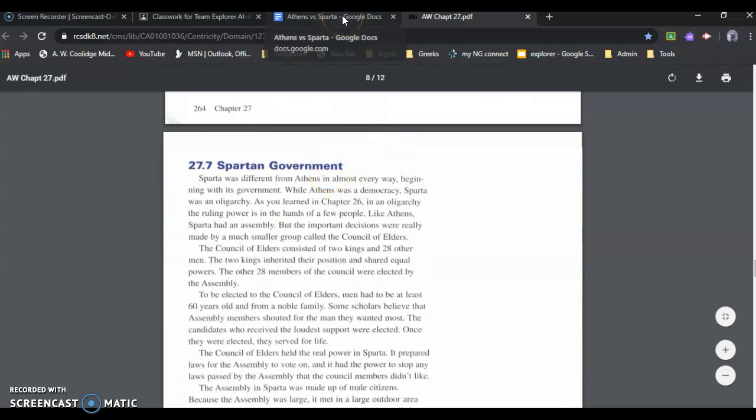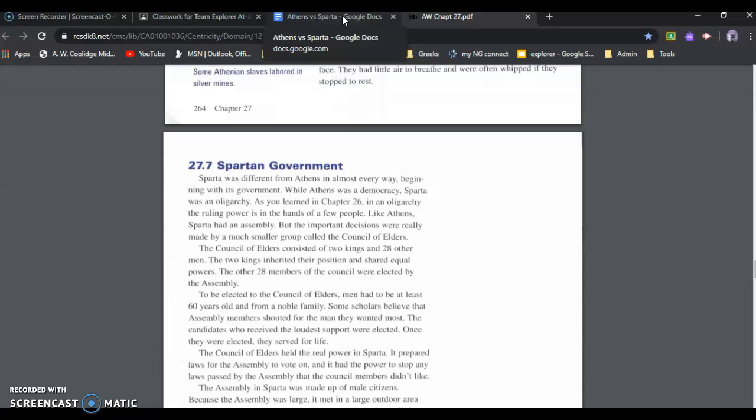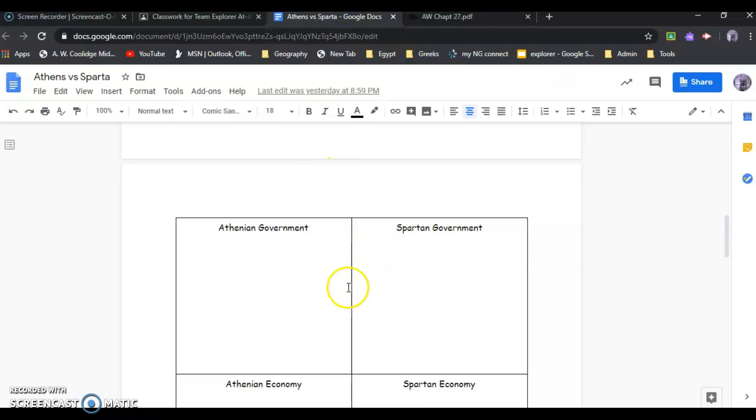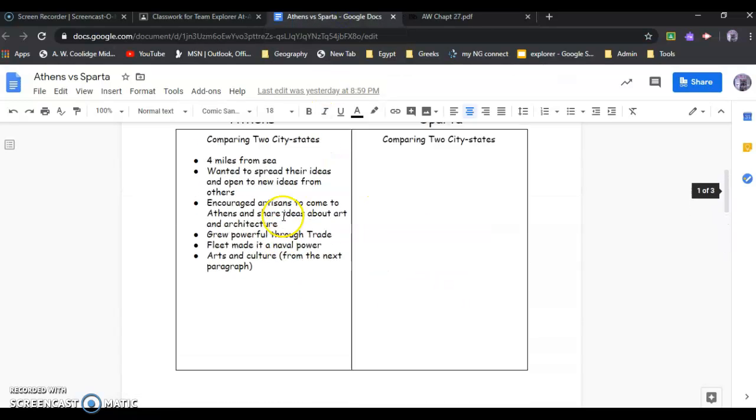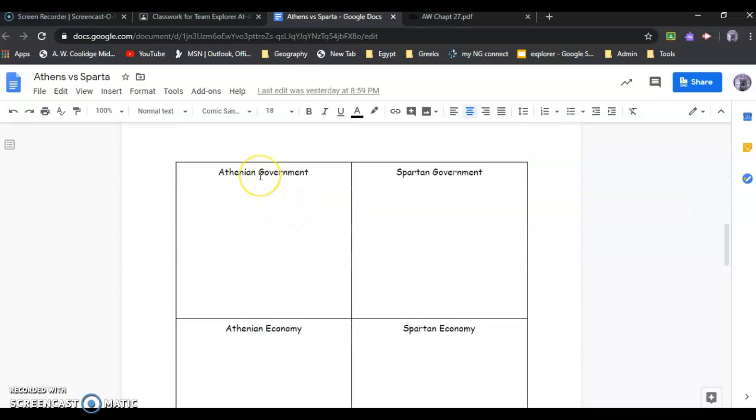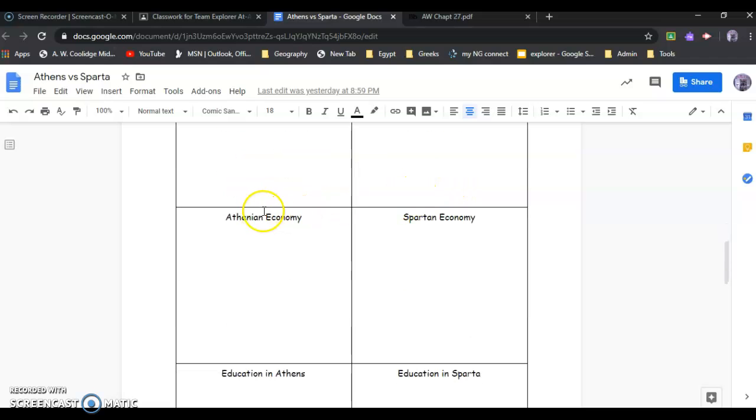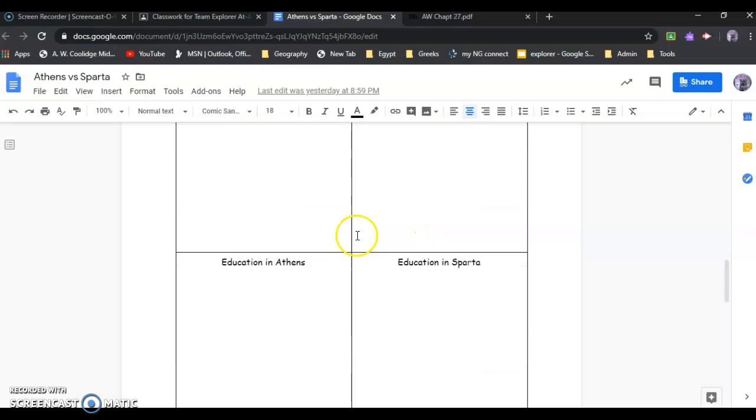So there are two ways of doing this, reading this section and filling in this graphic organizer. One would be to do the topic for each city-state. In one day, do both Athenian government and Spartan government. The next day, do Athenian economy and Spartan economy, and so on.